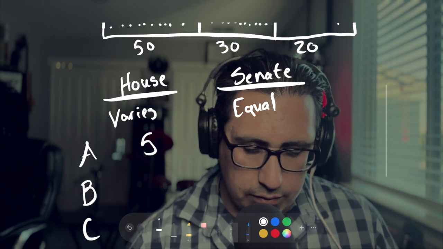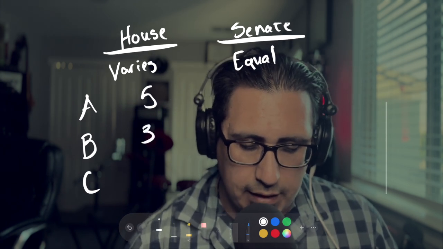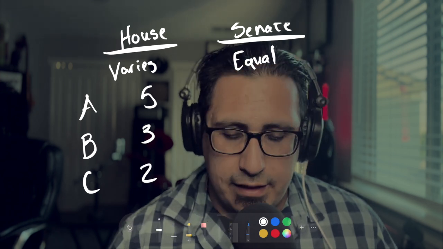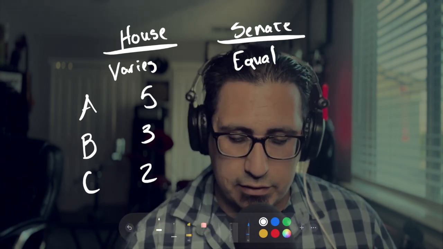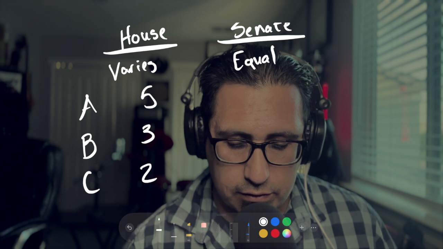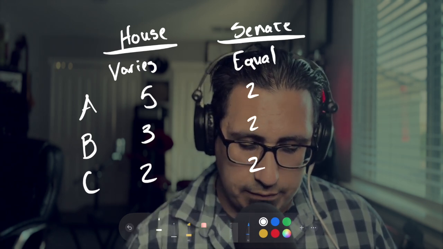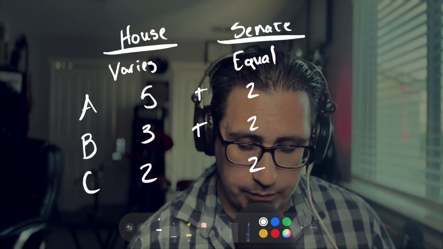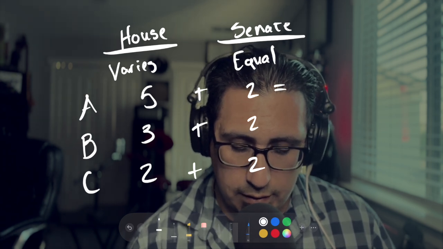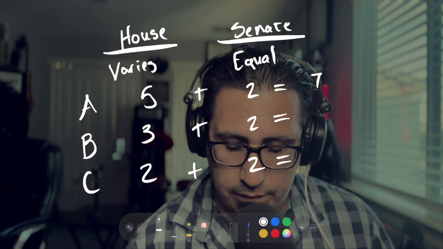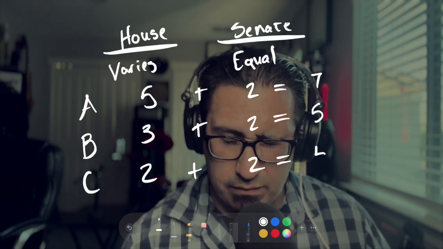Block B had 3 representatives, and the other one has 2 representatives. And then senators are equal per block, so it will be even all the way across. So 2, 2, and 2. So now you add these up, and you get how many Electoral College votes each has. So this is 7, 5, and 4.